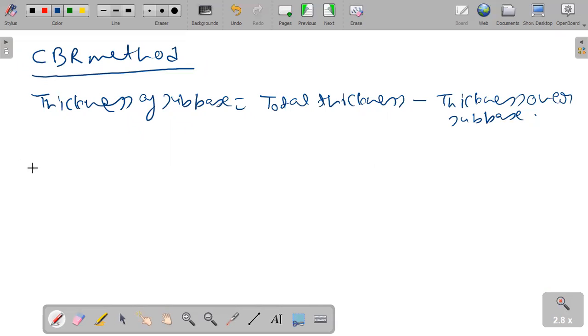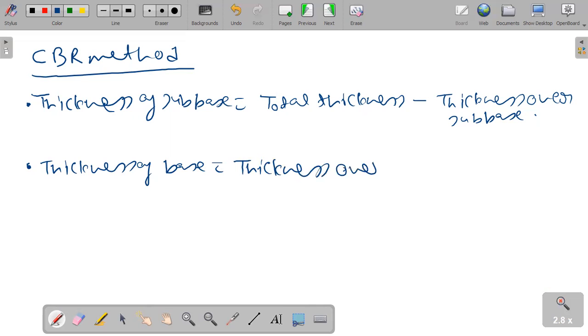And thickness of base is equal to thickness over subbase minus thickness over base.